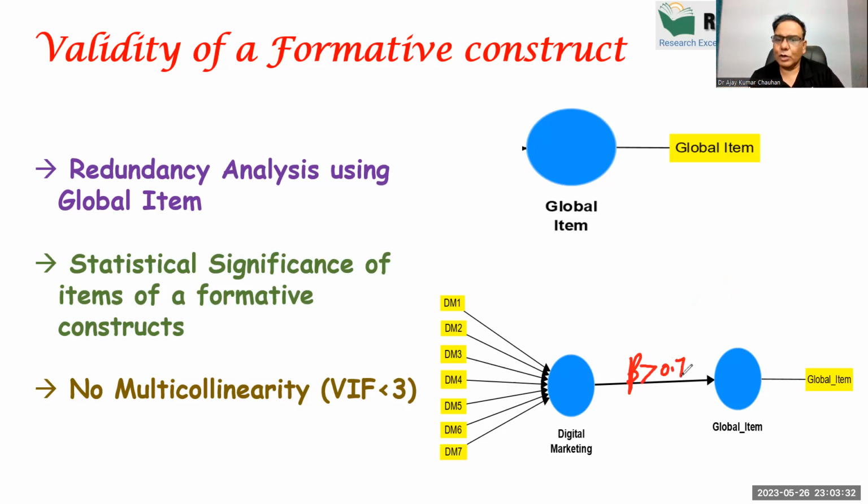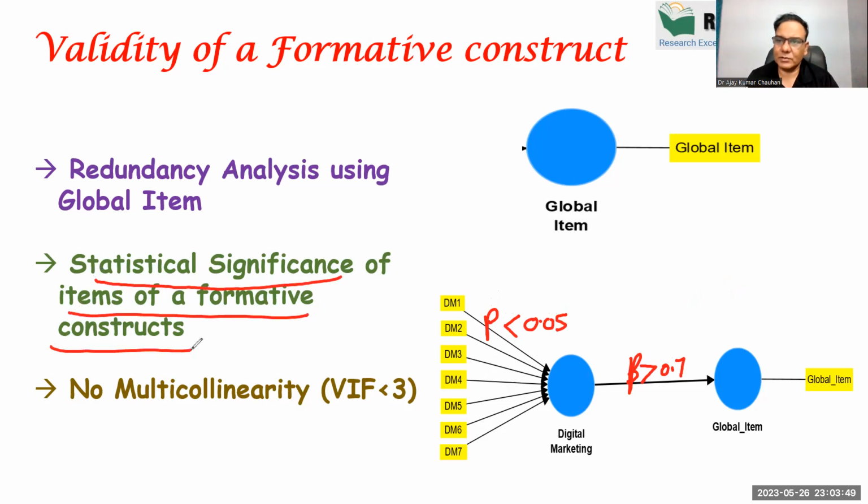The second criterion of a valid formative construct is that the p-value of all the items should be lower than 0.05. This is called statistical significance of the items of a formative construct. All the items significantly influence the construct. So this is the second condition for a valid formative construct.